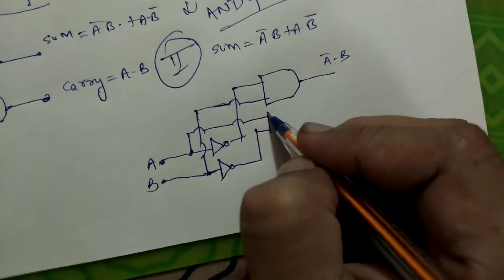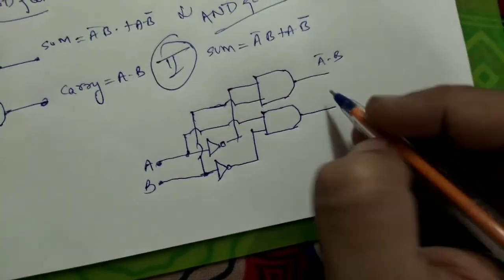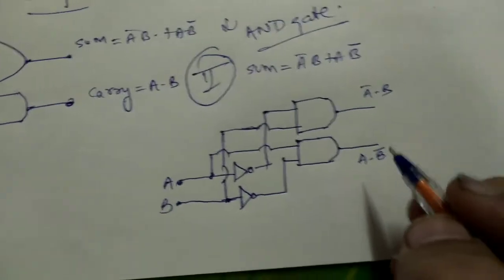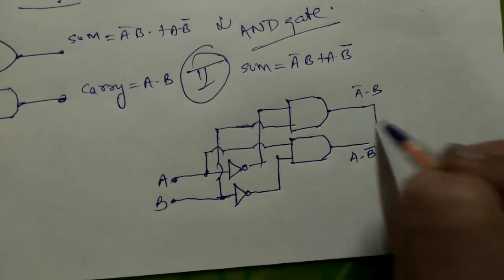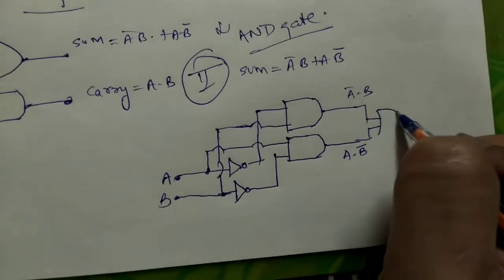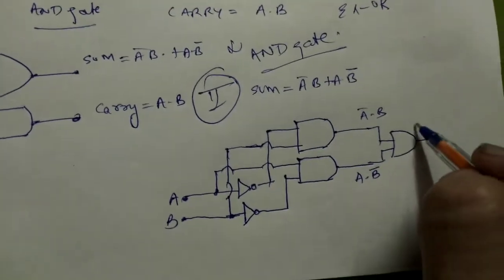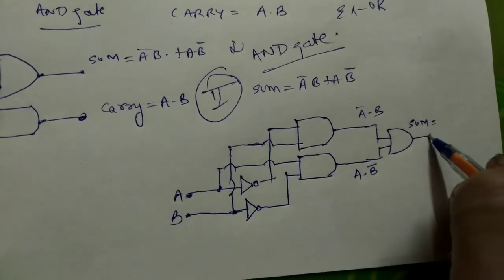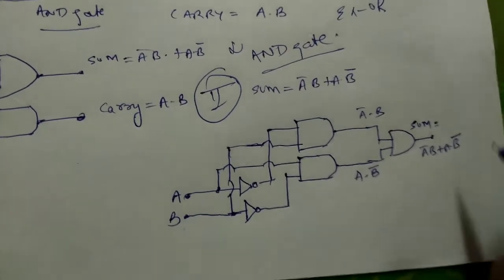I have to connect a NOT gate for this. So I am getting a into b bar, and now I have to add these two. For that I have to connect these to the OR gate. So this is how I am getting the sum equal to a bar into b plus a into b bar.